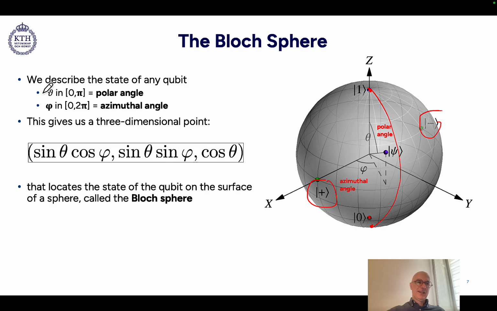One is theta, the so-called polar angle, and the other one is phi, the so-called azimuthal angle. So any quantum state can be represented by a 3-dimensional point that takes this formulation, that locates our qubit state on the surface that, as I said, is called the Bloch sphere.